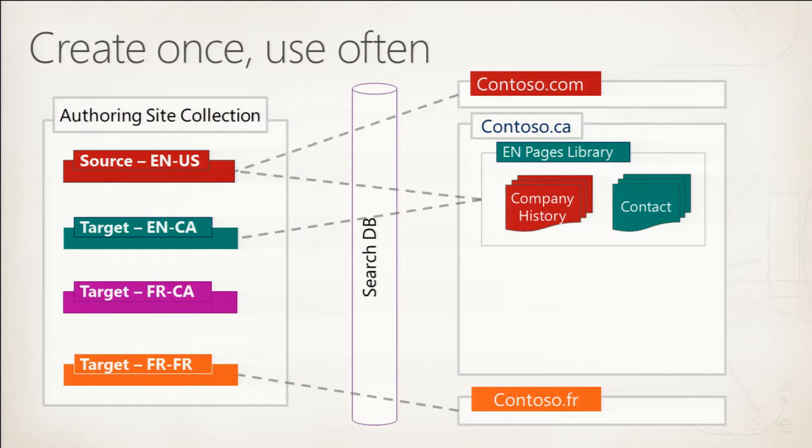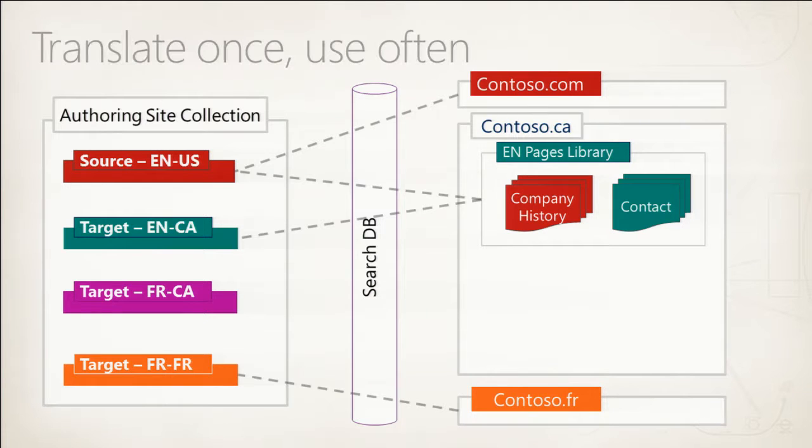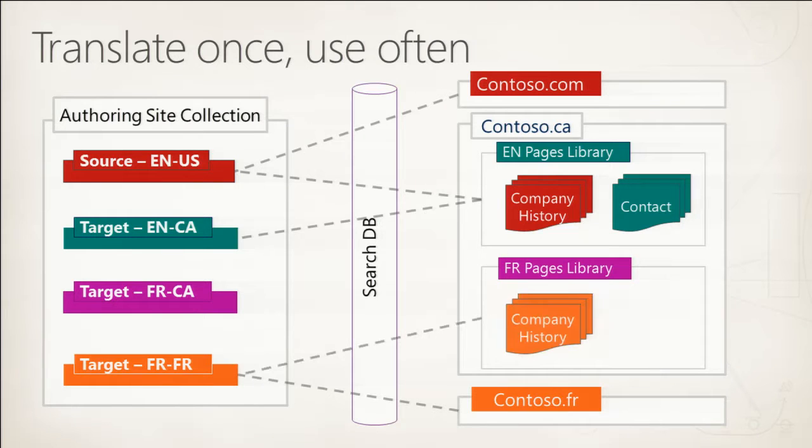From the translation side of things, for customers who have told us they don't want to translate things more than once, you can do the same thing. So we're going to create the French pages library under contoso.ca, and we'll again pull the common content from the FR site, so that company history, which is something we'll translate once in FR, and then we'll pull the Canadian-specific Contact Us information that has been translated in the FRCA site over as well.